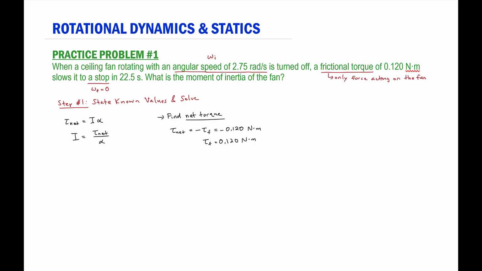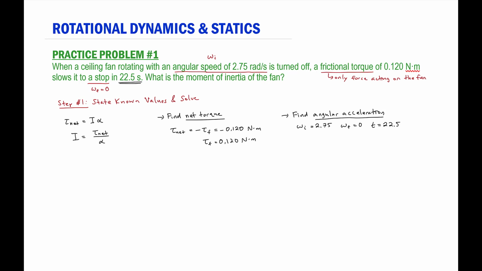Next, we want to be able to figure out our angular acceleration. We're given omega I is equal to 2.75 and omega F is equal to 0, and we know that it stops in 22.5 seconds, so t is equal to 22.5.